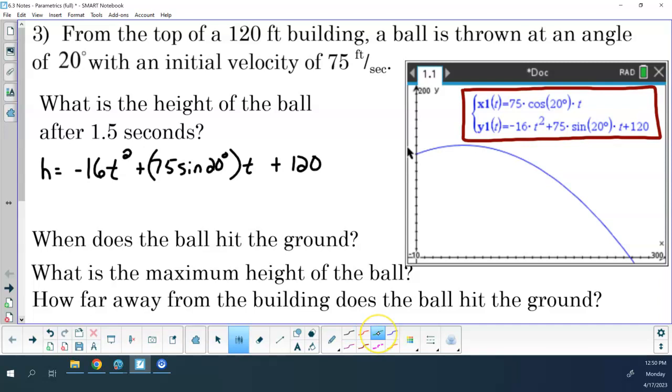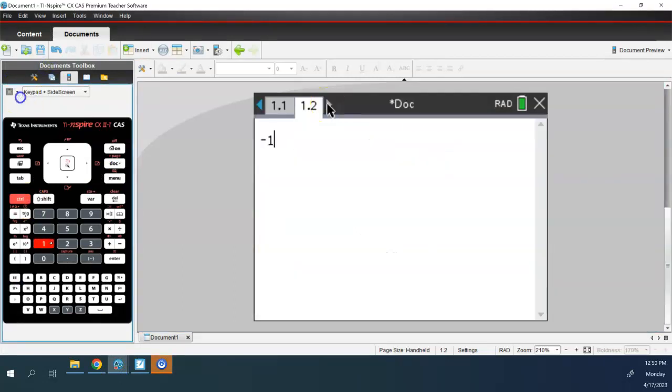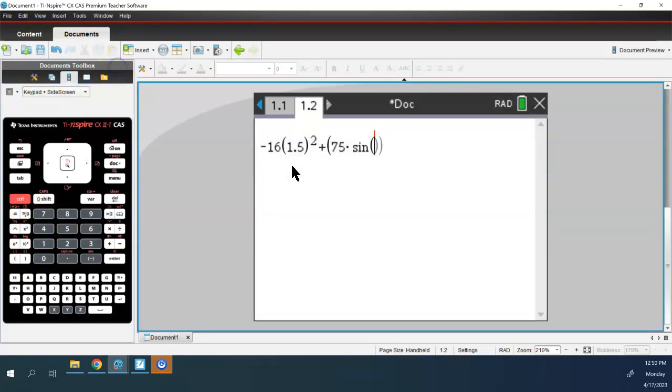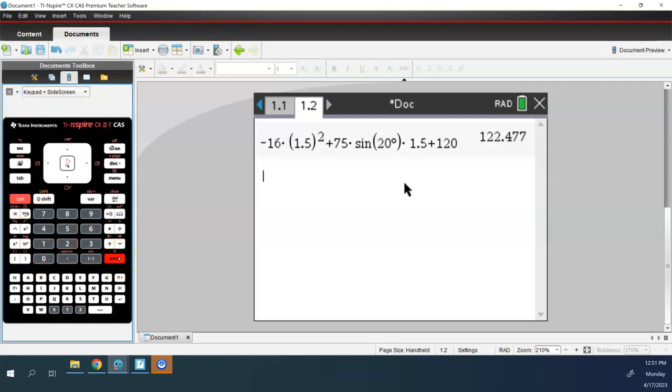That looks like negative 16 times 1.5 squared, plus 75 times the sine of 20 degrees times 1.5, then plus 120. And I get 122.477.